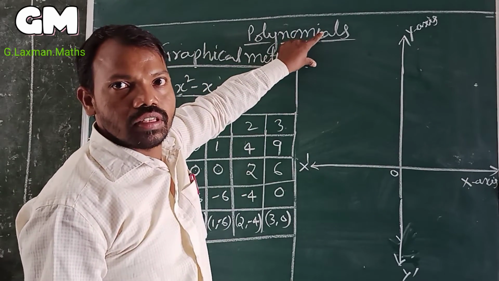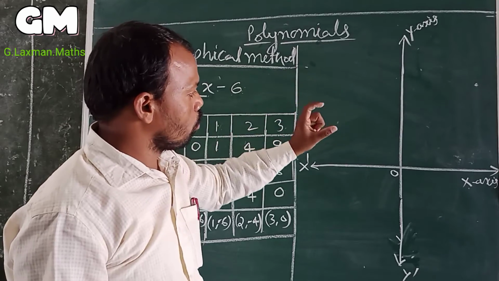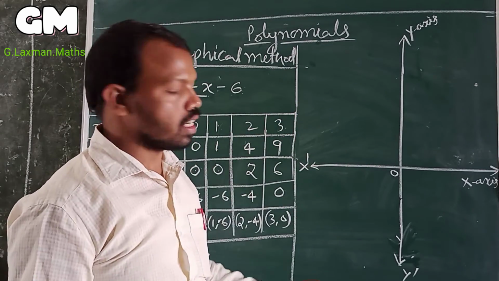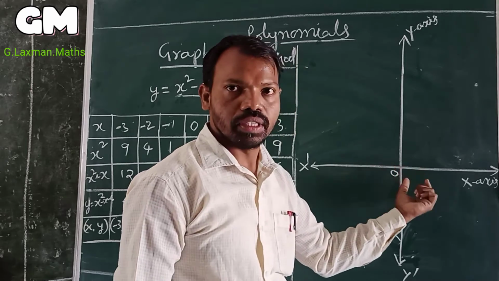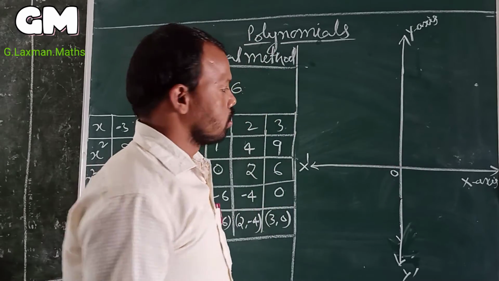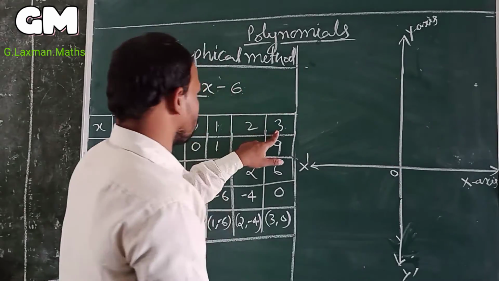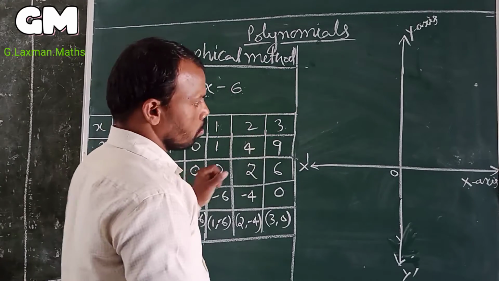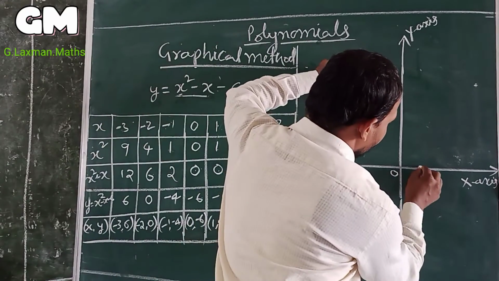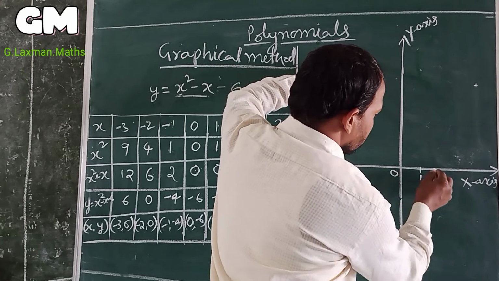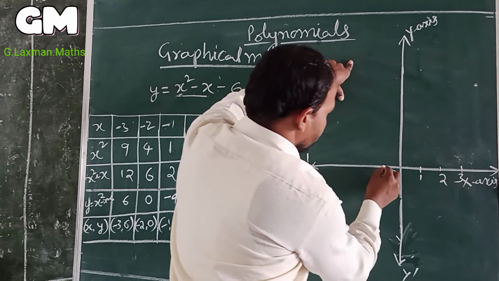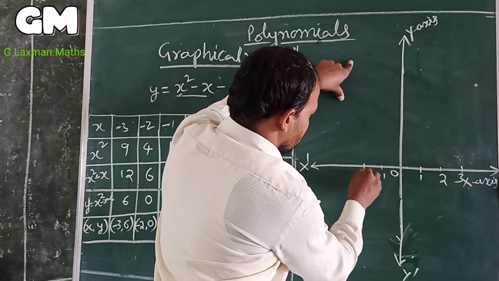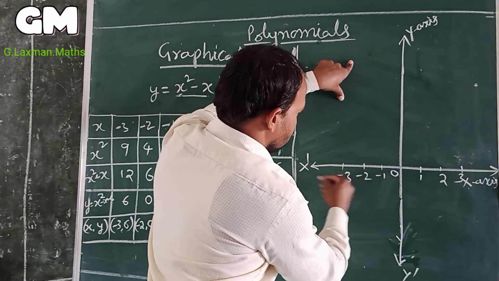In this graph, first we require a scale. Scale is nothing but the value you take for 1 unit or 1 centimeter. Here the maximum x value is positive 3 and negative 3, so we take each 1 centimeter as 1 unit: 1, 2, 3, then minus 1, minus 2, minus 3.